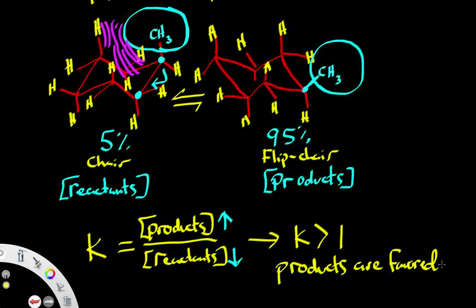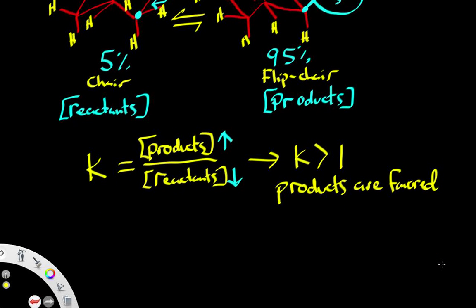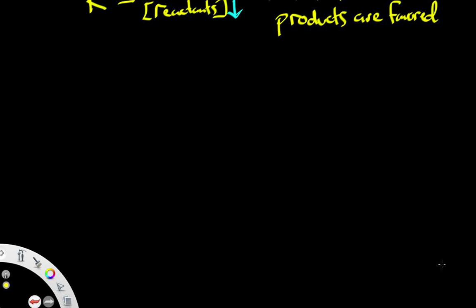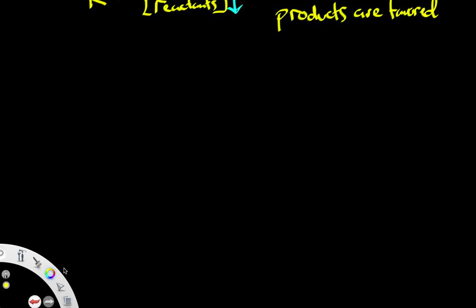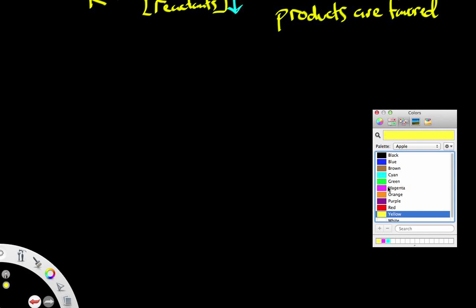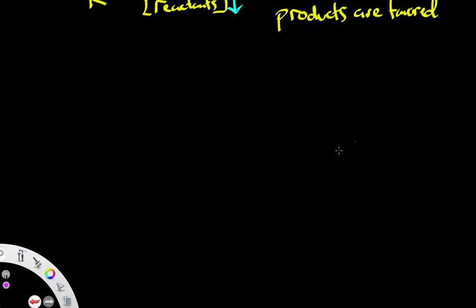So now let's add one more example to this so we can tie it all into one big picture. And we can do that by showing this now on a Gibbs free energy diagram. So let's see here. We can show our energy diagram like this.